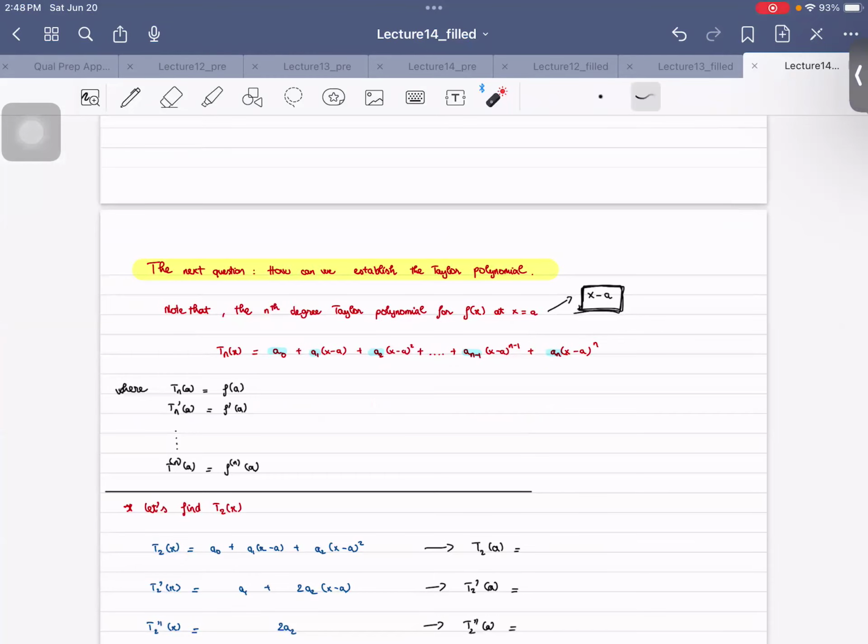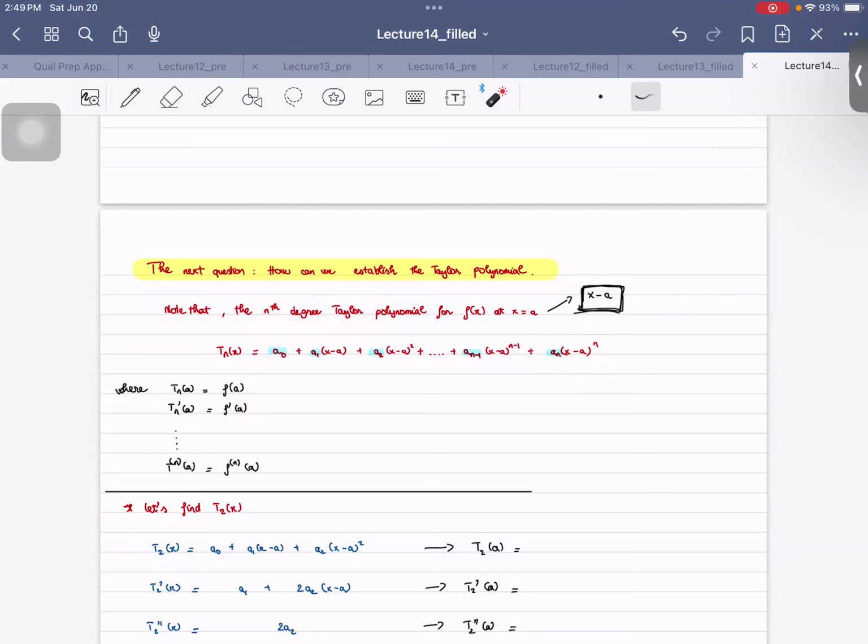And because I'm going to use the nth degree polynomial, I will write down a0, then x minus a to the power of 1 with the coefficient a1, x minus a to the power of 2 with coefficient a2, and I keep writing them down until I have x minus a to the power of n with the coefficient an. Remember that I should have x minus a to the power of n because I'm using the nth degree polynomial.